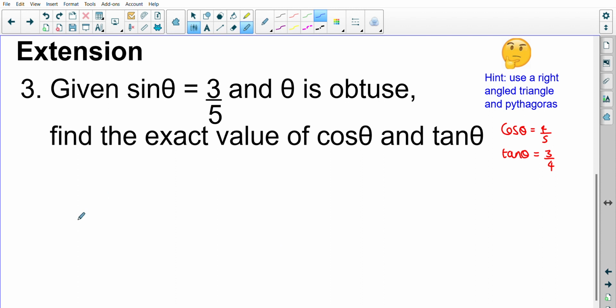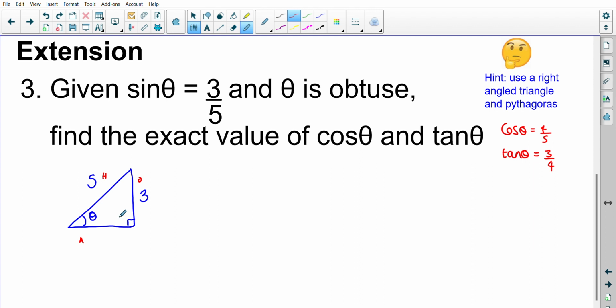So I'm going to draw a right angle triangle here, and that'll be theta. Now using what I've been given, sine theta is 3/5. That means that the opposite side is 3 and the hypotenuse is 5. So I'll just label the sides as well so you know where that's come from.